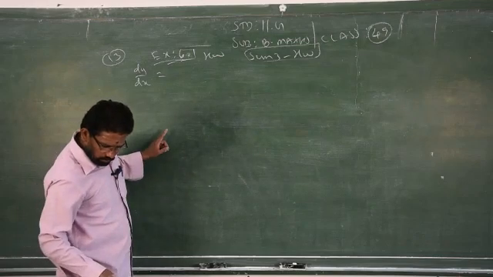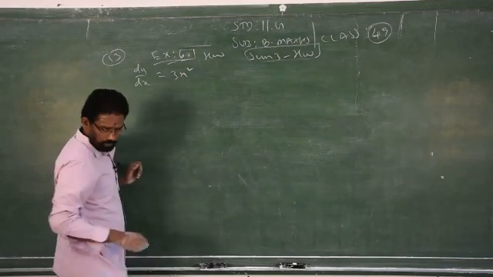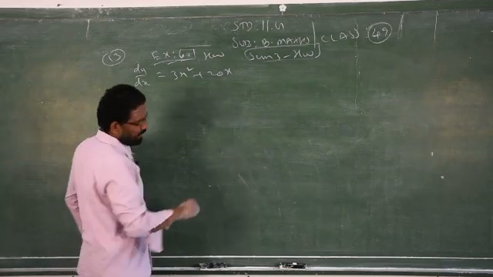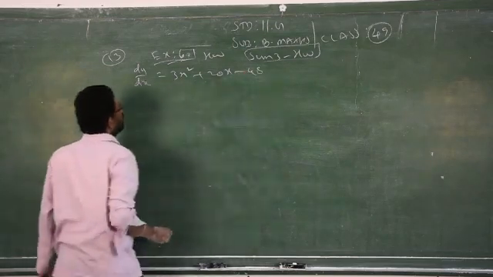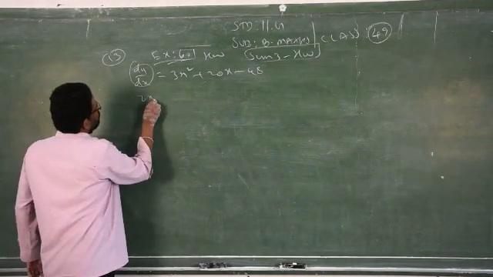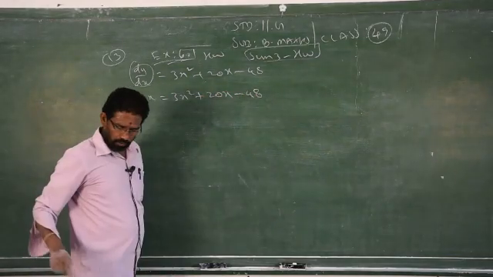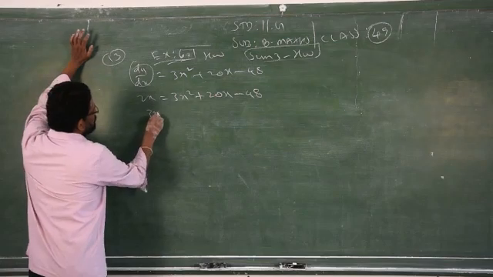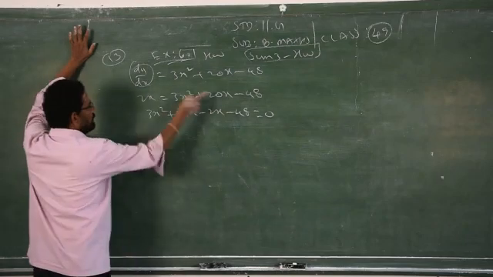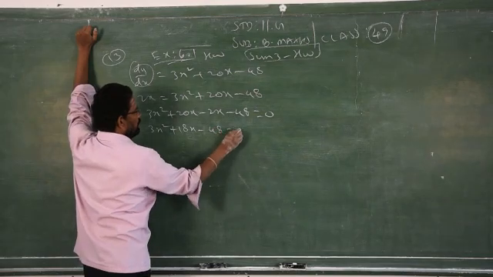That is 6.1, sum number 13, dy by dx is 3x square plus 20x minus 48. Clear? It is given twice, 2 times x, that is 2x. Now you can transfer this 2x to the right hand side, you will get 3x square plus 18x minus 48 is equal to 0.